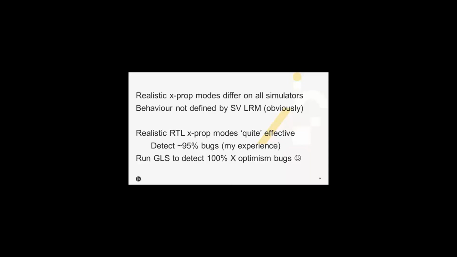I think that about 95% of bugs that are normally hidden by optimistic X propagation are exposed by realistic X prop modes. But if you want to expose all of them, then you need to be running gate level sims, and that should get them all. Okay, so you need to run regressions on your normal LRM, you need to run them in X prop mode and in gate level sim.